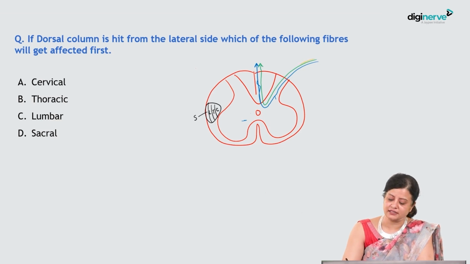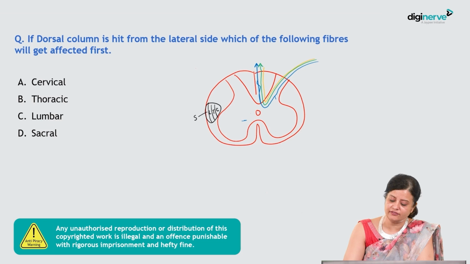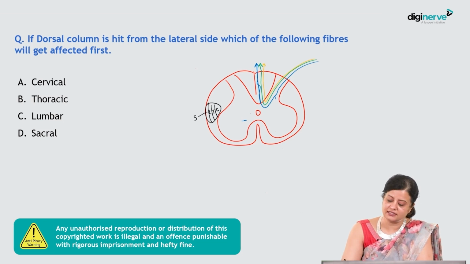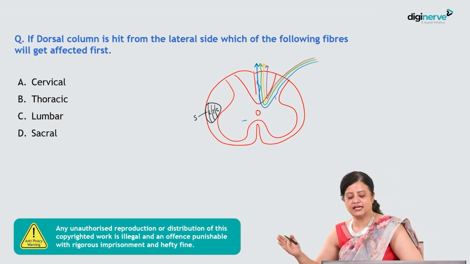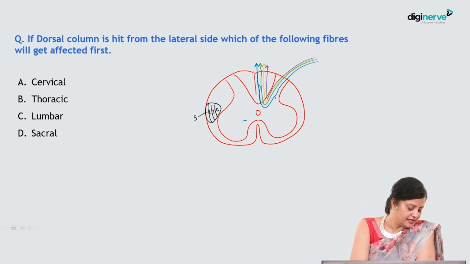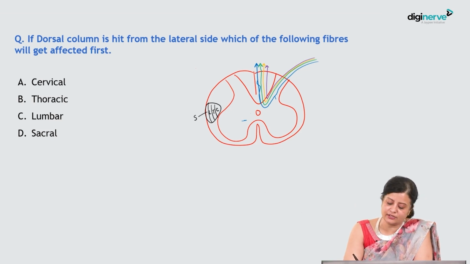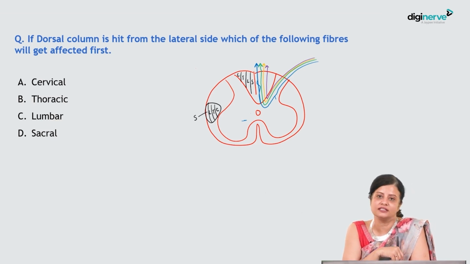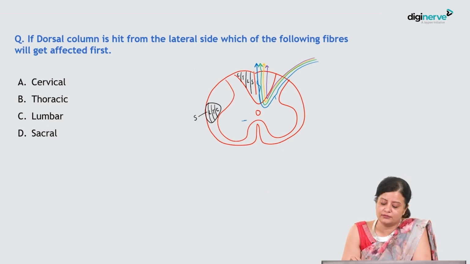The fibers in the thoracic segment are even more lateral, and the fibers in the cervical segment are on the lateral side of the dorsal column. Hence the sacral, lumbar, thoracic and cervical fibers are arranged in this way in the dorsal column also.